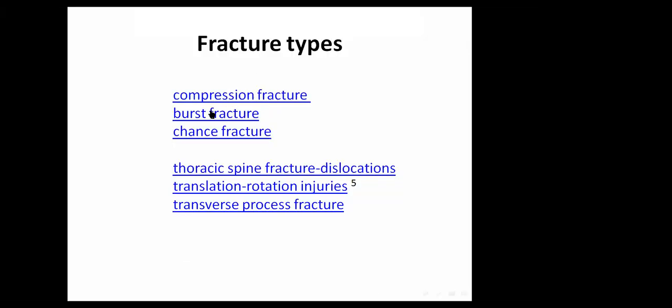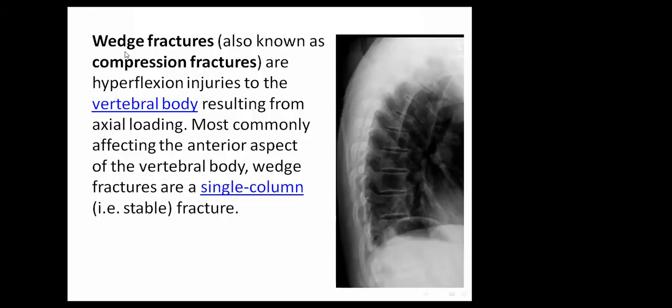Fracture types: compression fracture, burst fracture, Chance fracture, thoracic spine fracture dislocation, translation rotation injury, transverse process fracture. Wedge fracture, also known as compression fracture, is a hyperflexion injury to the vertebral body resulting from axial loading.